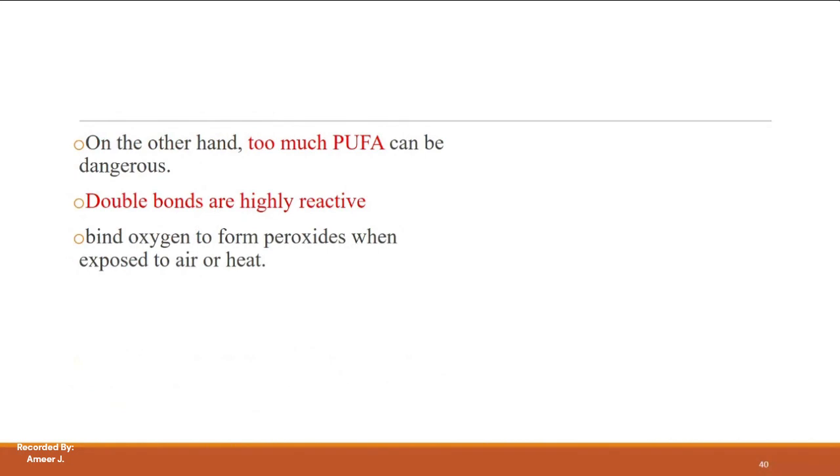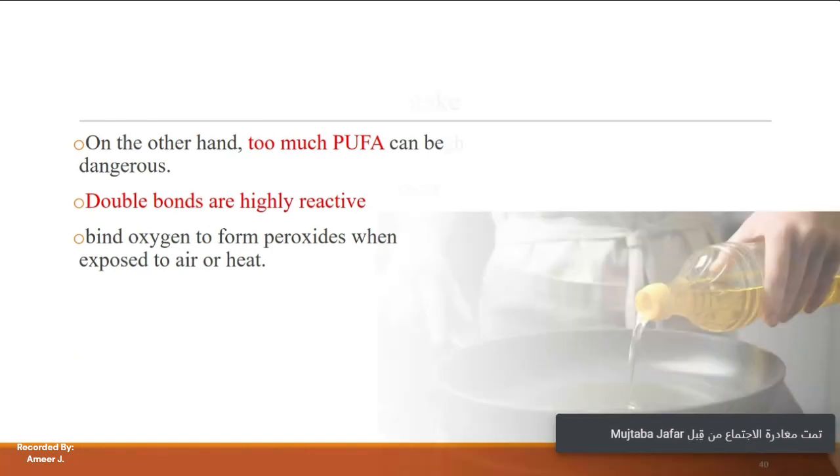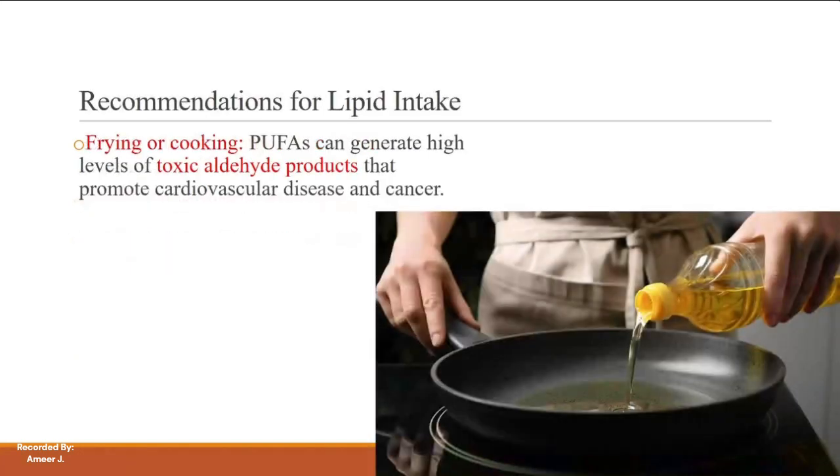On the other hand, too much PUFA can be dangerous. You should keep in mind that double bonds are highly reactive and bind oxygen to form peroxides when exposed to air or heat. And in the process of frying or cooking, PUFA can generate high levels of toxic aldehyde products that promote cardiovascular disease and cancer.